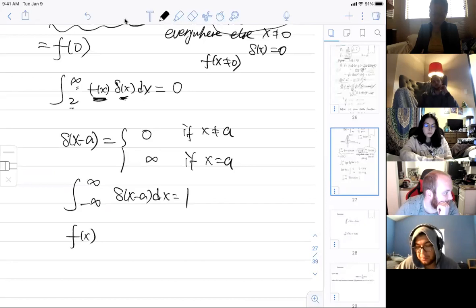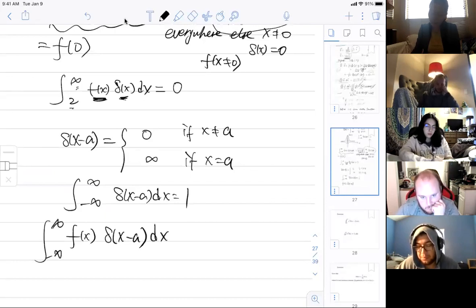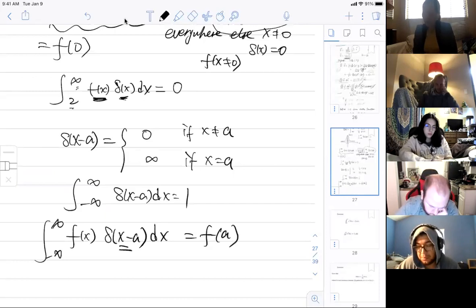The integral of f(x) delta(x minus a) is just picking out the x equals a point, so it's going to be f(a). All right, so that's a little bit about this function. I have 2 exercises for you to do real quick.